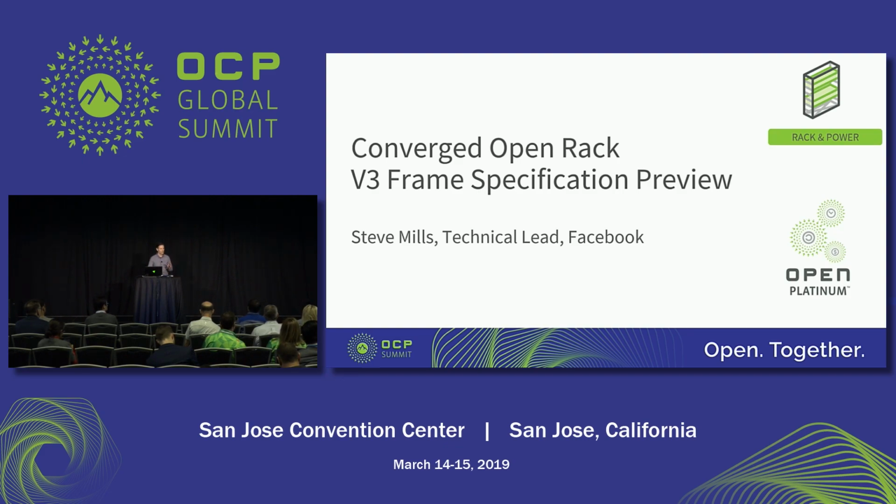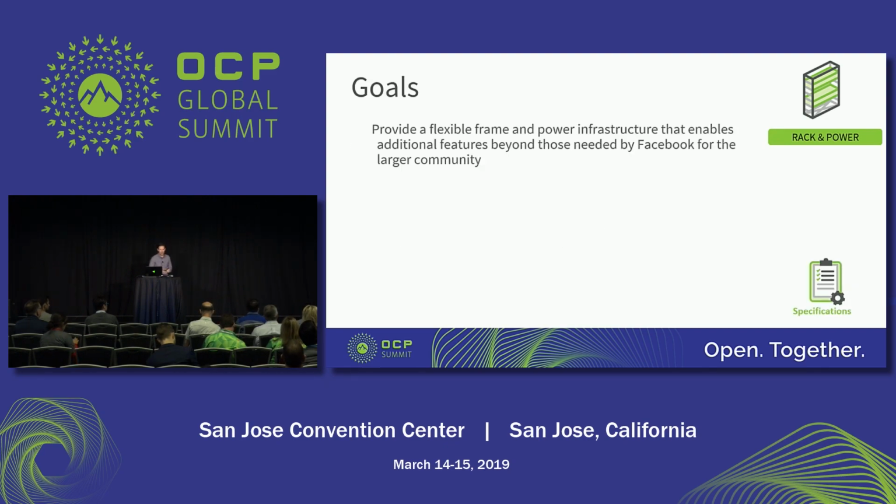So let's go through the goals for this particular project. When we developed Open Rack V1, the community was relatively modest at that time, so there wasn't a whole lot of people to get feedback from. For both V1 and V2, we pushed the specs out to the community pretty far through the process of development. For V3, our goal is to release these very early on in the process in an effort to get as much feedback from the community as possible.